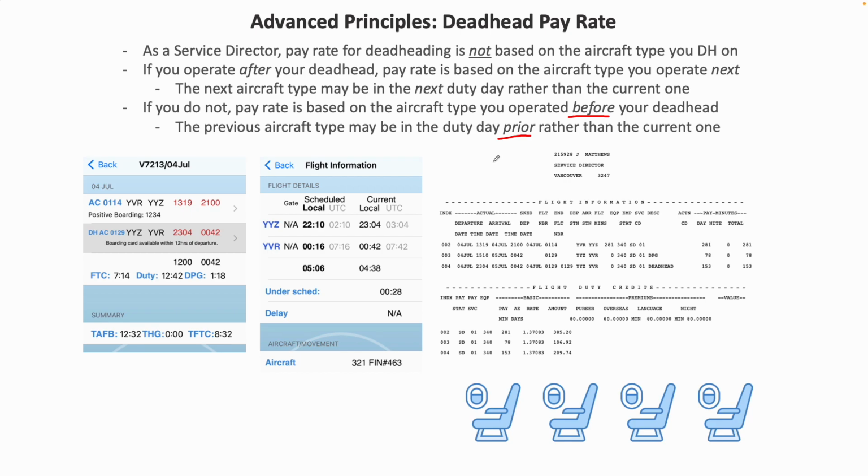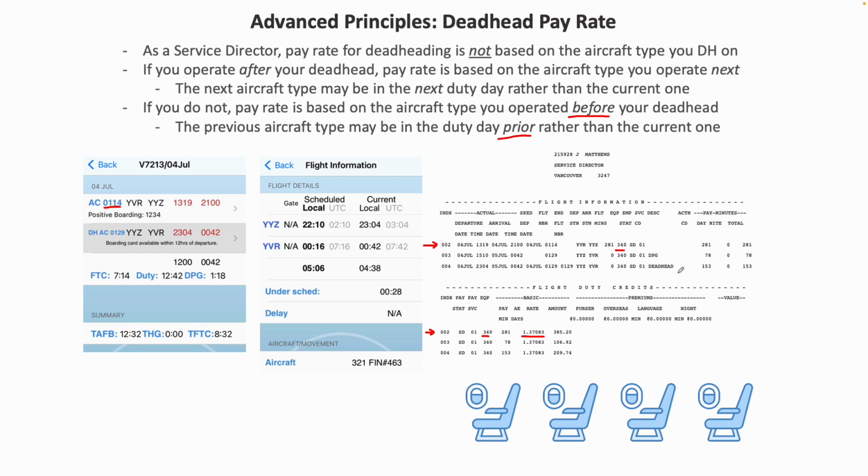I'll give you an example from my flying schedule in July. Flight 114, as we discussed on a previous slide, was an Airbus 330. And we do see that for index item 2 within the flight information section. And we do see that for index item 2 within flight duty credits that it has in fact been paid at the $1.37 rate per minute.